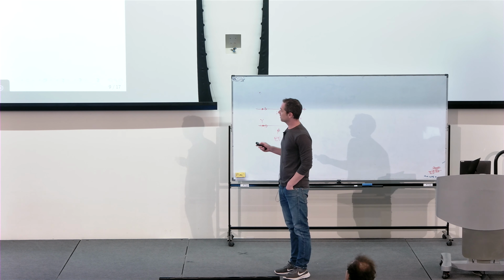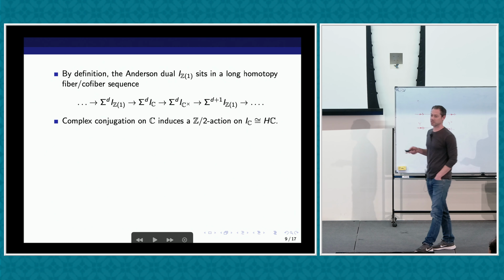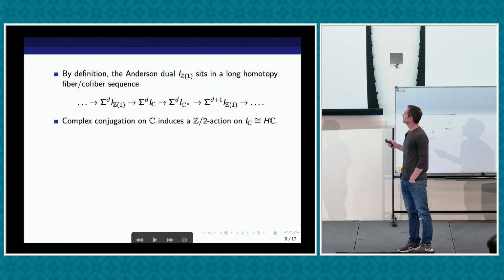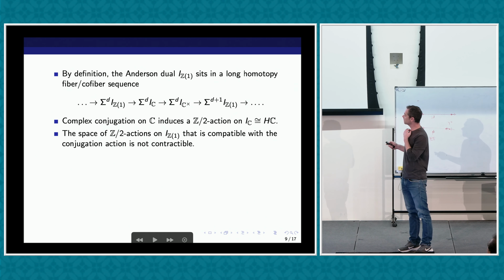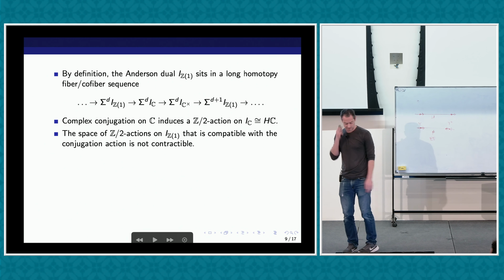Then complex conjugation gives you a Z2 action on the Brown-Comenetz dual associated to C, which in this case is just the Eilenberg-MacLane spectrum, and so complex conjugation gives you an action there. You want a corresponding action on the Anderson dual, and we're also going to need one on the Brown-Comenetz dual associated to this group of units of C.